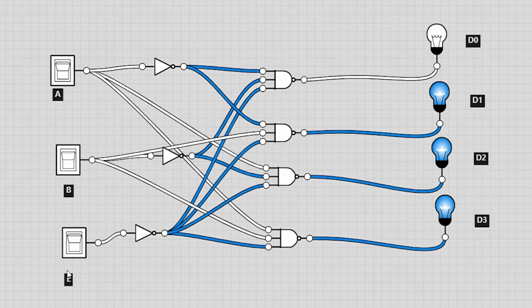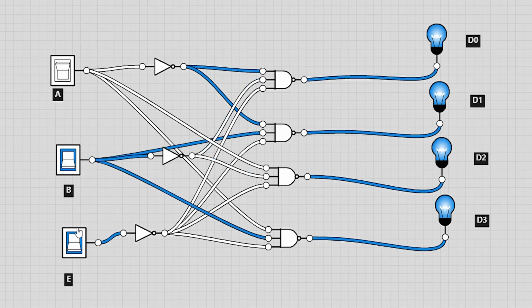From the truth table we have seen when E, A and B are 0, D1, D2 and D3 are 1. When E is 1 and the rest are 0, D0, D1, D2, D3 are 1. When B alone is 1, D0, D2 and D3 are 1.